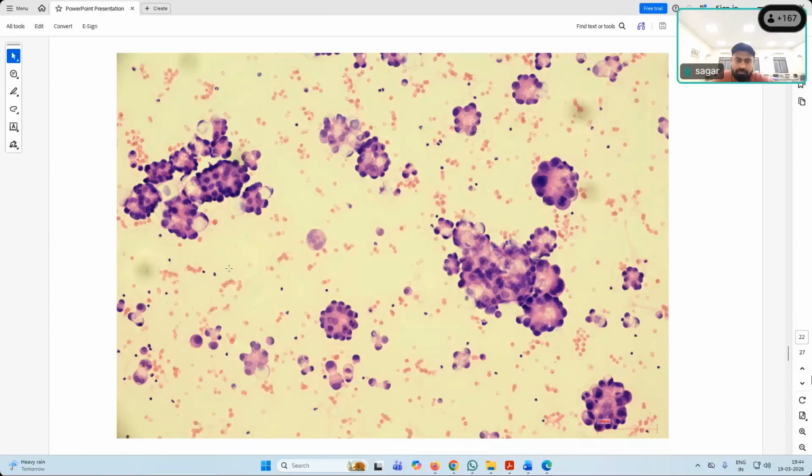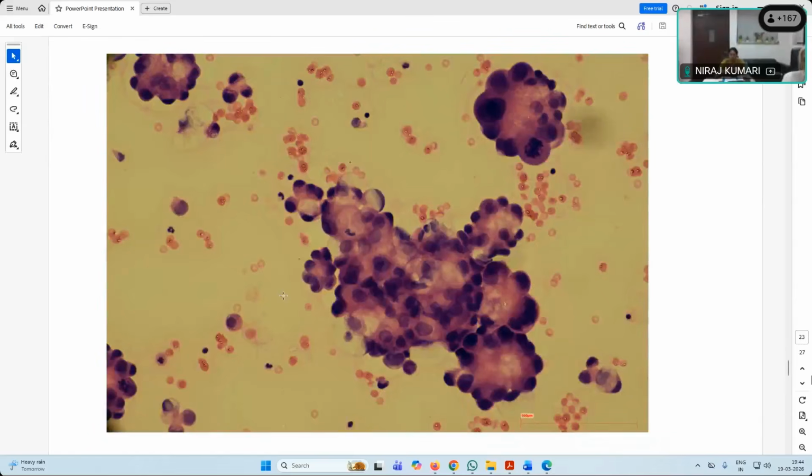Okay. Two cell populations also seen, as signet ring cells are seen, ma'am. Signet ring cells. Occasional signet ring cells. Okay. So you have one cluster, and you have another cluster here where you can see the difference. You can see these clusters.